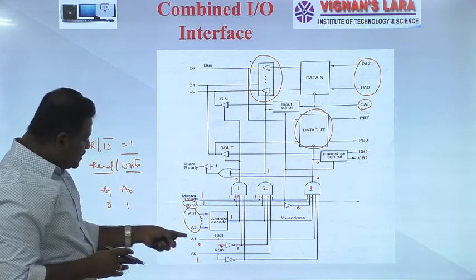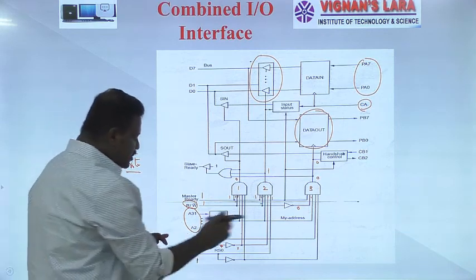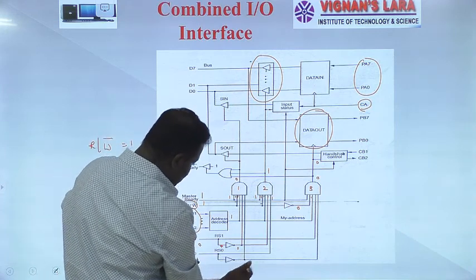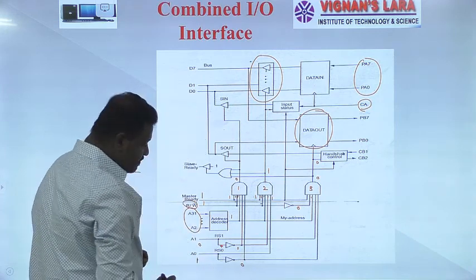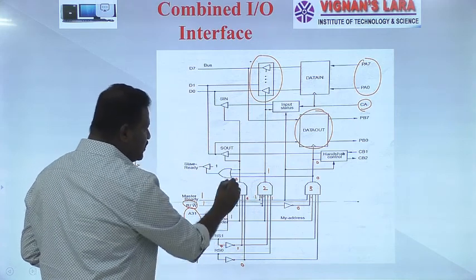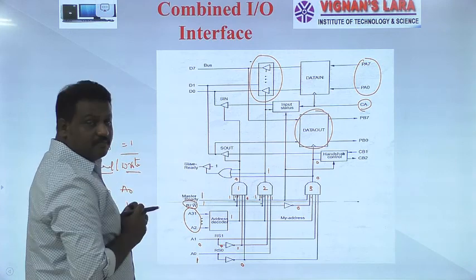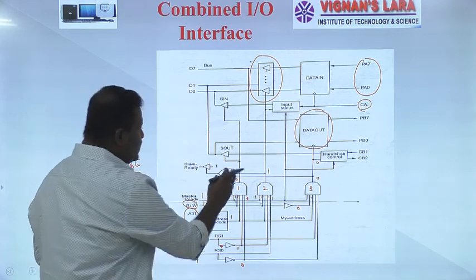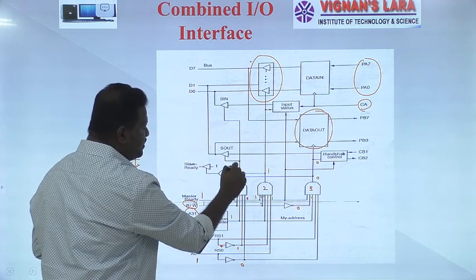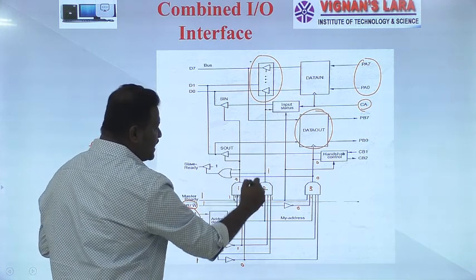So if these 2 are set to 0, 1, what happens? Coming to the next case, if A1 is 1, then it becomes 0. This 0 is applied here. So irrespective of the other input, the output of AND gate 1 is equal to 0. Once it is 0, then what happens? If it is 0, then only you can go for AND gate 2.